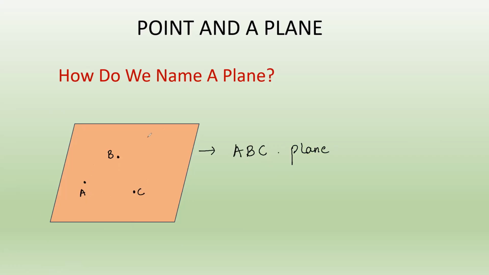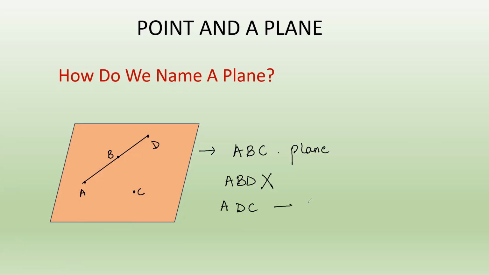What happens if we have another point, say D, like this? Now when we join these points, they form a line, hence it cannot be represented as ABD. Now, the question comes: can we represent it as ADC?